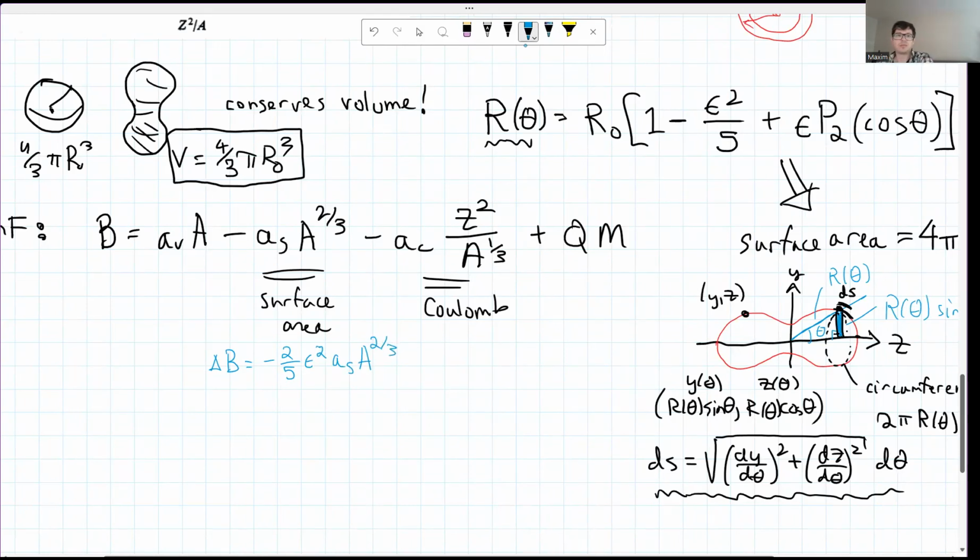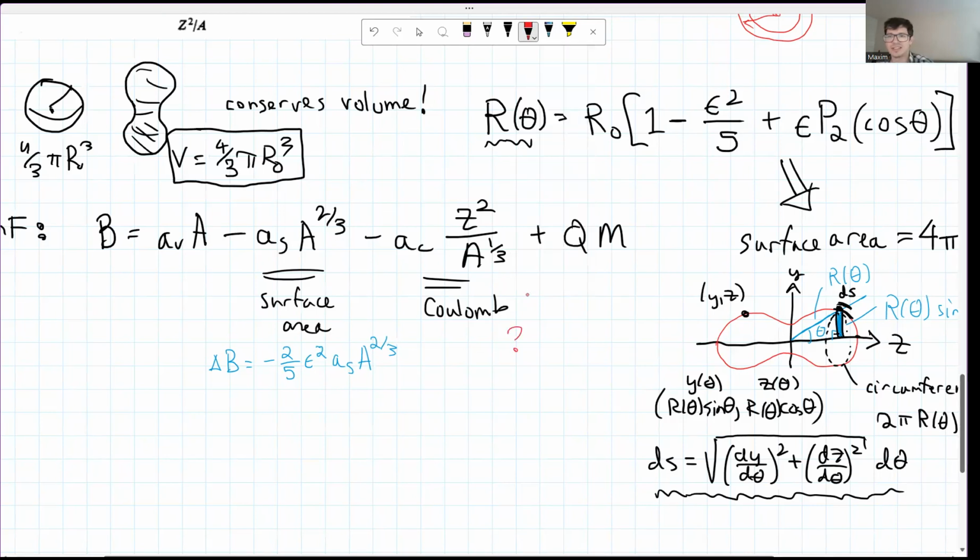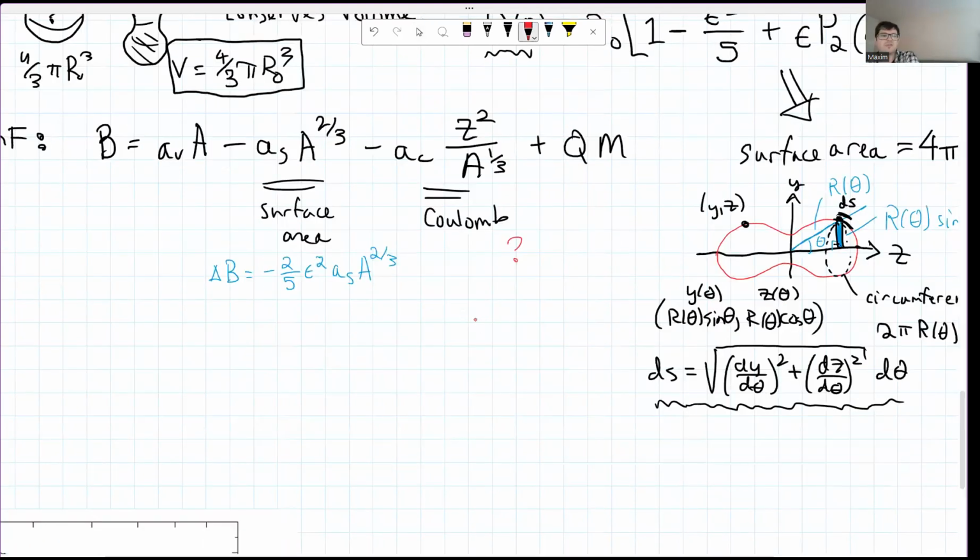Okay, but what about the Coulomb term? Well, the Coulomb term is harder. I'm not going to do that one, but I'll likely assign it in the future as an extra credit. It's hard to do because you actually have to calculate the Coulomb energy. So the Coulomb energy is 1 over 4 pi epsilon 0, and then for an arbitrary charge distribution, you have to compute this integral.